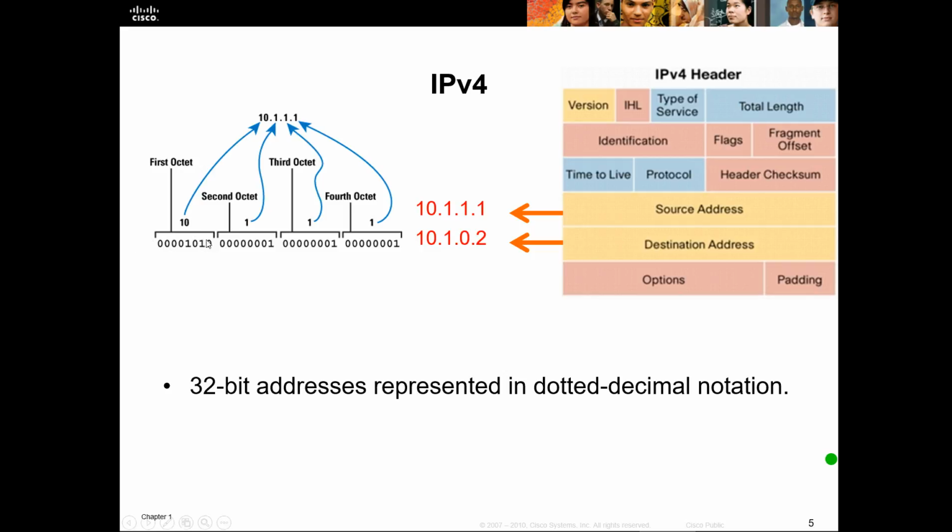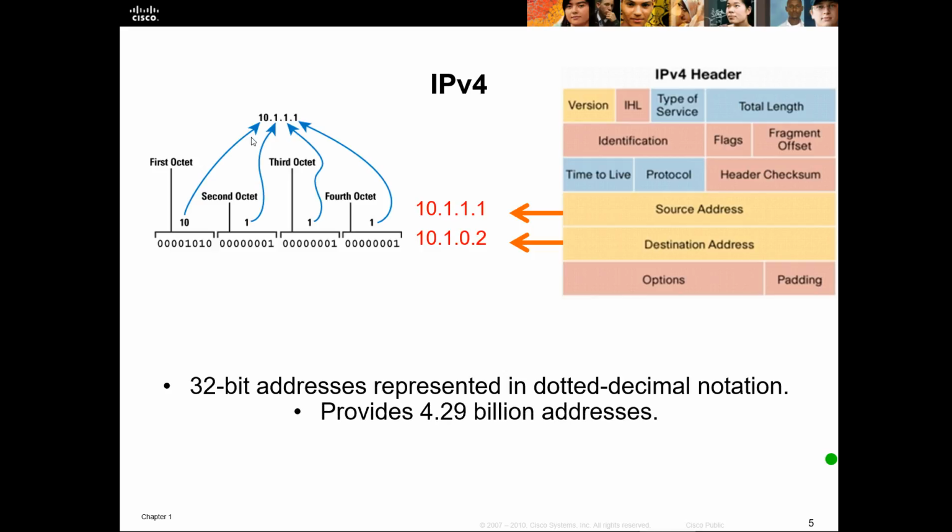Here's a group of 8 binary digits that equals 1 octet. So there are 4 groups of 8, and it should look like this: 10.1.1.1, and each one of those is a representation of 8 bits.